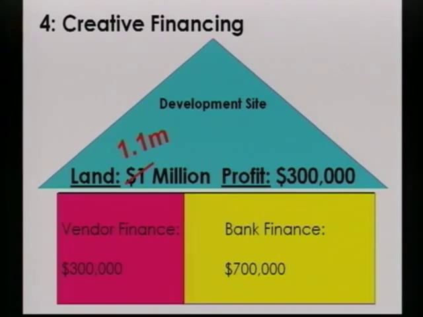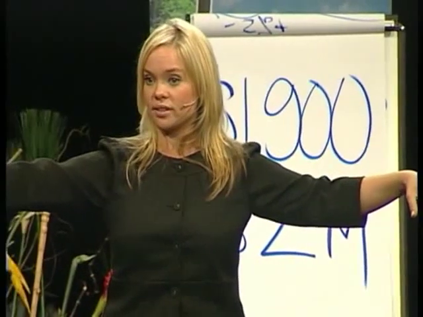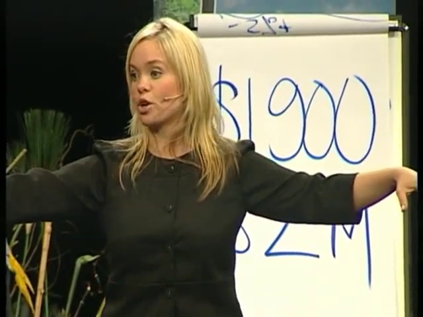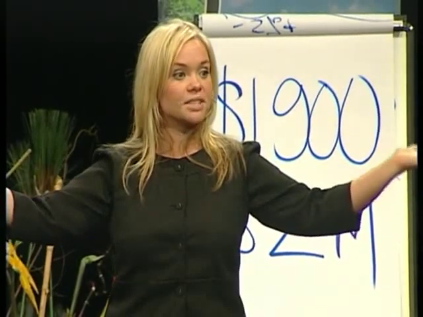I'll give you an extra $100,000. I'm going to develop it, and my profits are $300,000. I'll keep $200,000 and give you $100,000 back. He leaves his $300,000 equity in the property. The bank lends you the other $700,000. You get 100% construction finance. What have we just done? A development site for free.